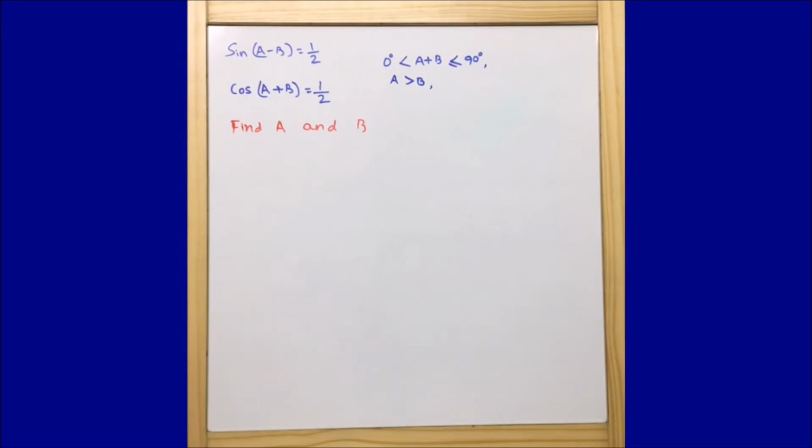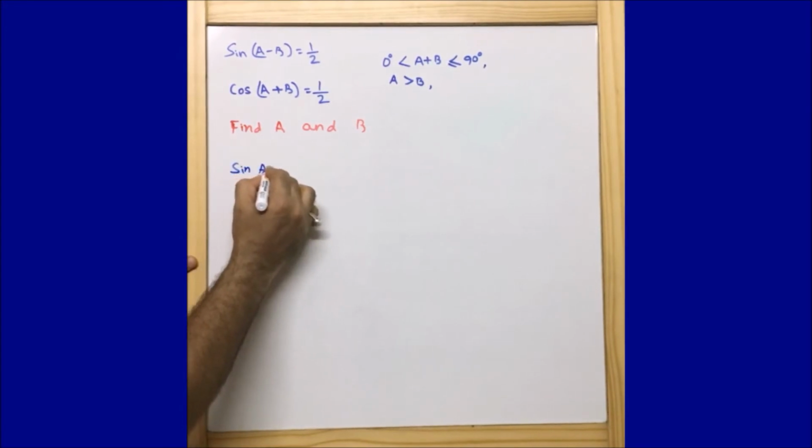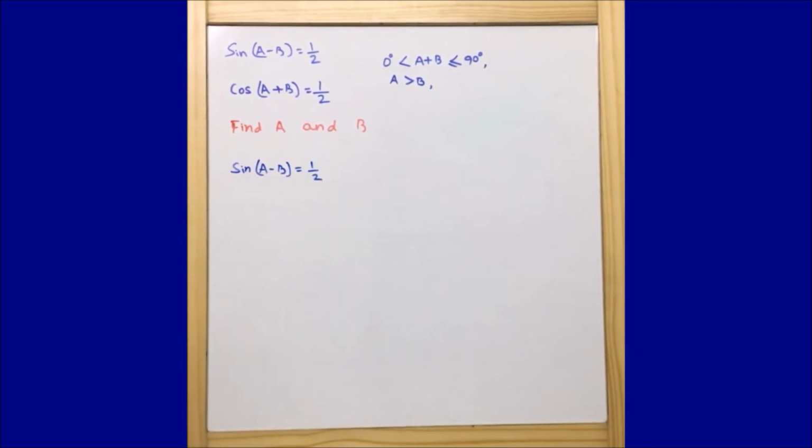It is given that sin(A − B) is equal to 1/2.